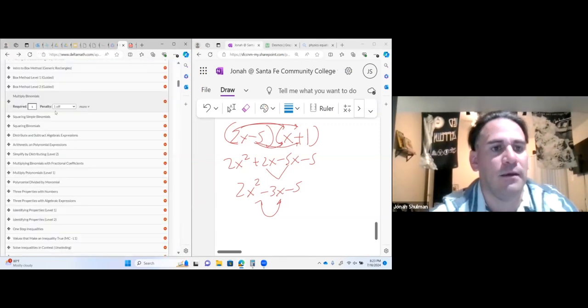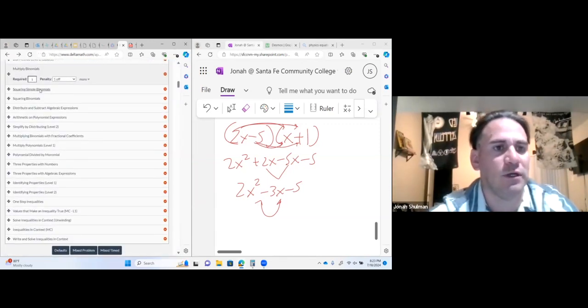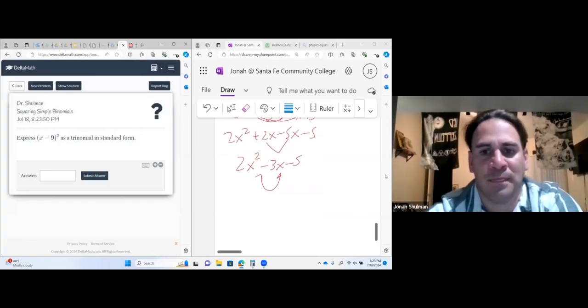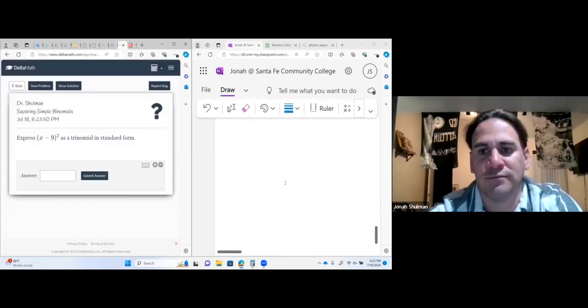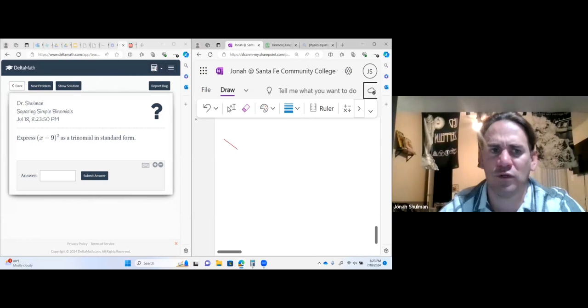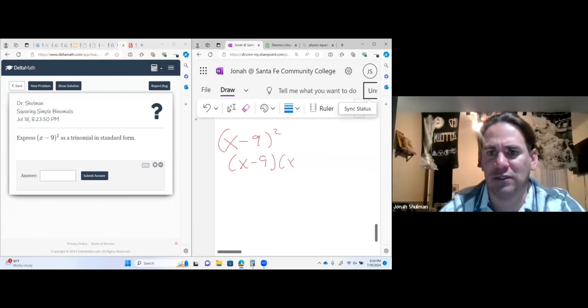Beautiful. All right, let's square some simple binomials. All right, we got x minus 9 squared. There's rules for when you have to cube binomials, but you won't have to worry about that. x minus 9 times x minus 9.